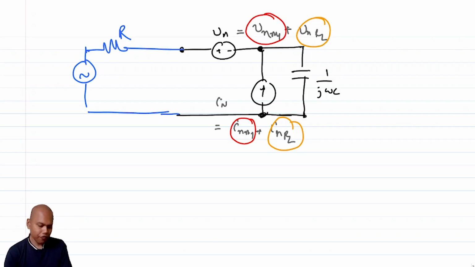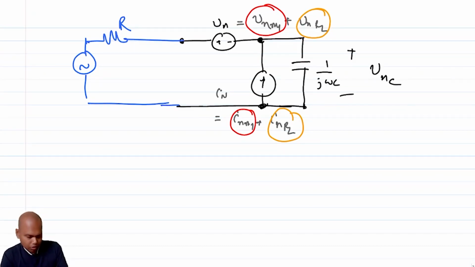Now if I want to find the total output noise voltage across the capacitor, I am essentially trying to find the equivalent power spectral density. For that, the first step is to find the total noise voltage across the capacitor. Let's call this VNC. Note that this R is also contributing noise, but that is uncorrelated noise, and I am going to treat it separately.